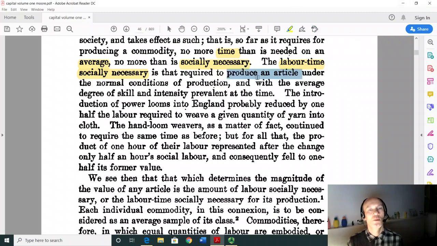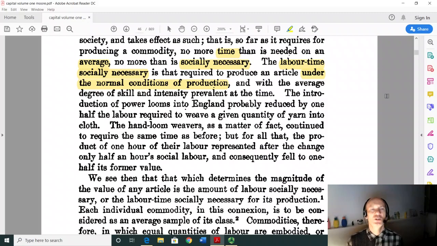Under normal conditions of production, so the time that is necessary under normal conditions. Normal conditions again is basically a reference to statistics. So what is on average? What are the average conditions of production? Obviously all specific people who work on something work under specific conditions, but there is an idea of a normalness of conditions on average.